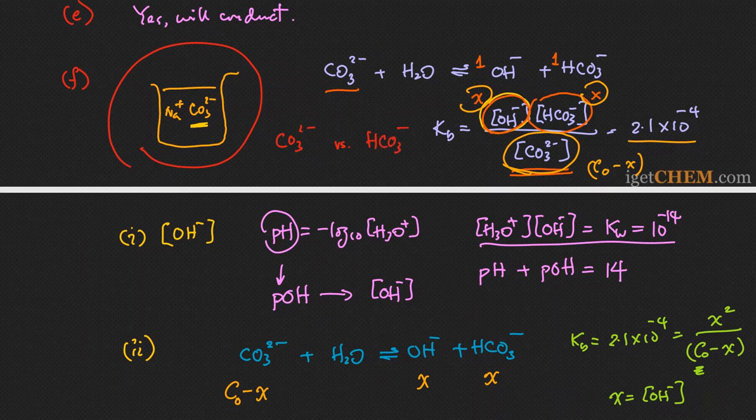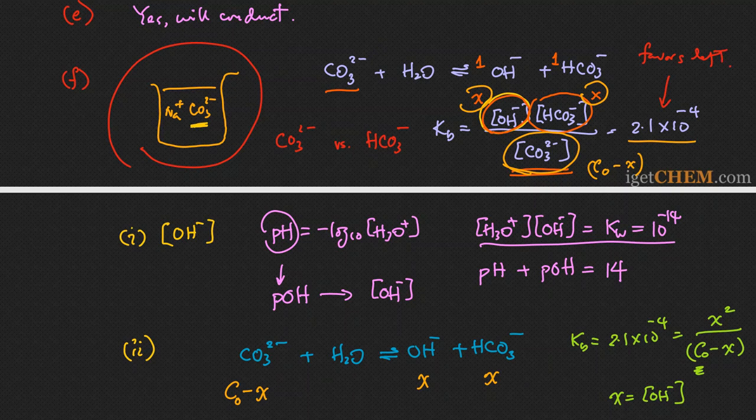HCO3 minus concentration. So you can see that in this equilibrium, the equilibrium has a K that is rather small. So the small number right here means that this equilibrium favors the left, favors the reactant. The extent of the reaction is quite small.